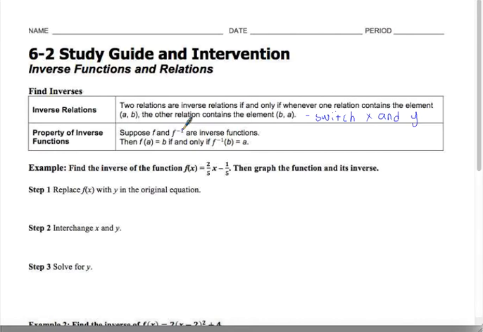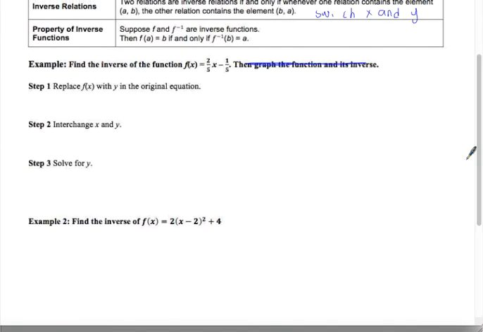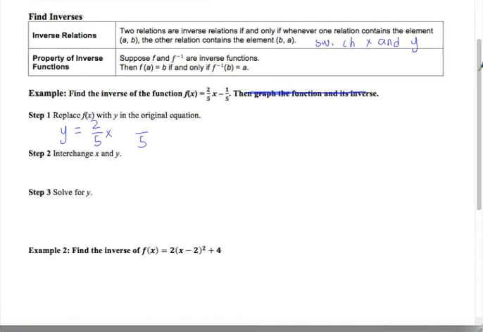So, here we're not going to do the graphing part. But a quick way that always works to find the inverse, well, not always, but works for anything in this class, to find the inverse of any function. So say we had y equals 2/5 x minus 1/5. Then notice to find the inverse, we just switch x and y.